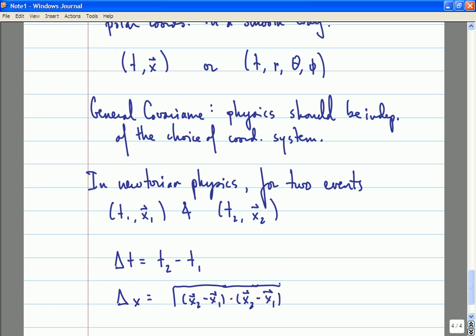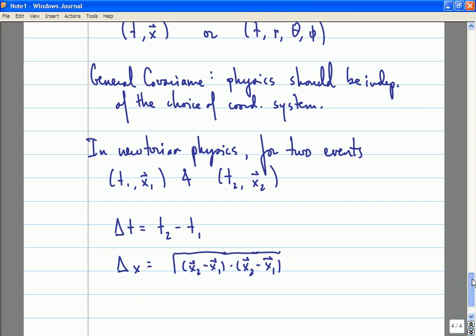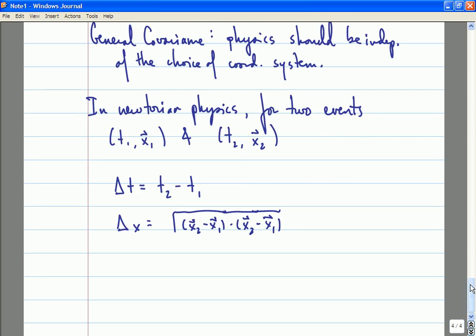So whereas the four quantities t1, x1, x2, and x3 don't make independent sense in Newtonian physics, the two quantities, delta t and delta x, make sense independently in Newtonian physics.